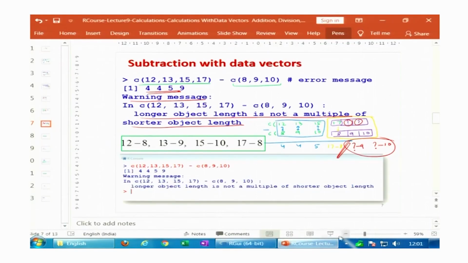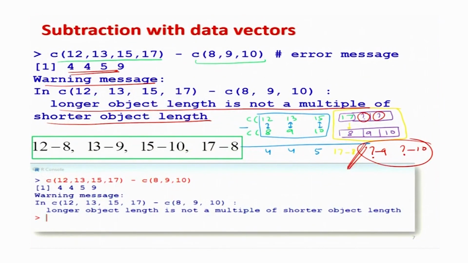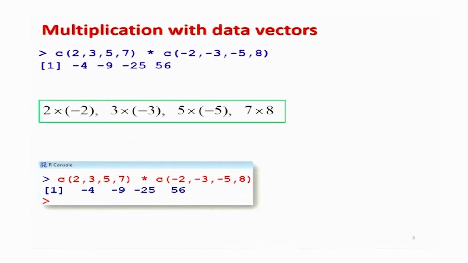Okay, so now I am sure that you must have understood how R works, and now it will be easier and faster for us to understand the division and multiplication also. So, now I try to take the example of multiplication, which is quite quick. I try to take a similar example, two data vectors of the same length.